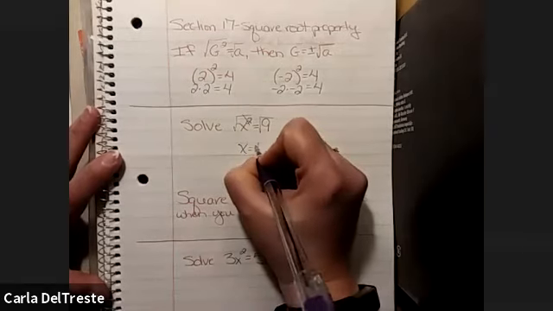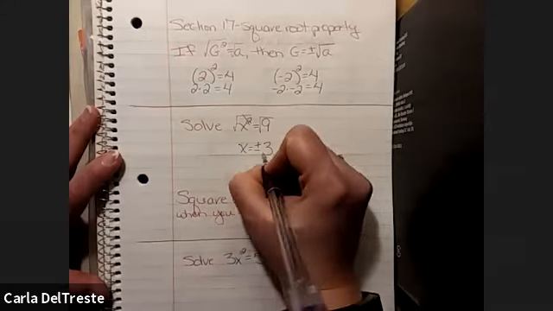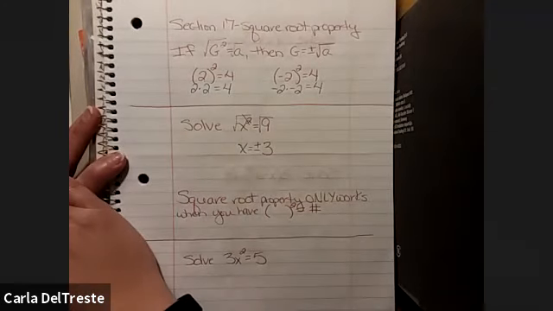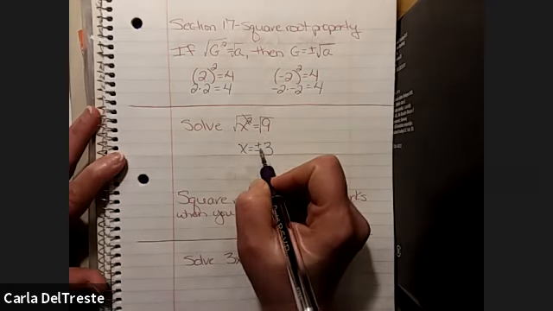I have to account for the fact that there are two possible ways to get 9. There's going to be a positive root because 3 times 3 will give me 9, but also negative 3 times negative 3 will give me 9. So as soon as you perform the square root operation, you have to make sure you include the plus minus.